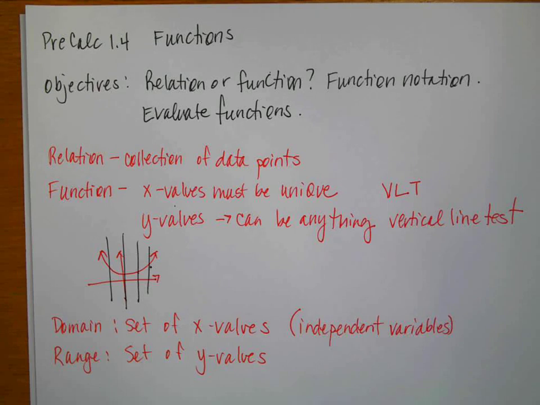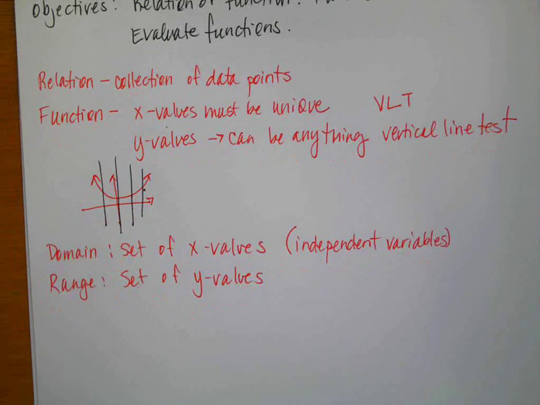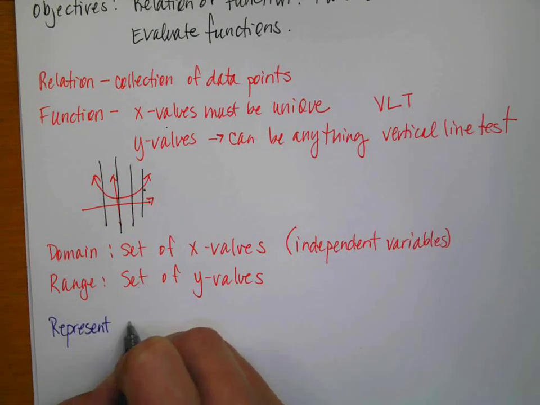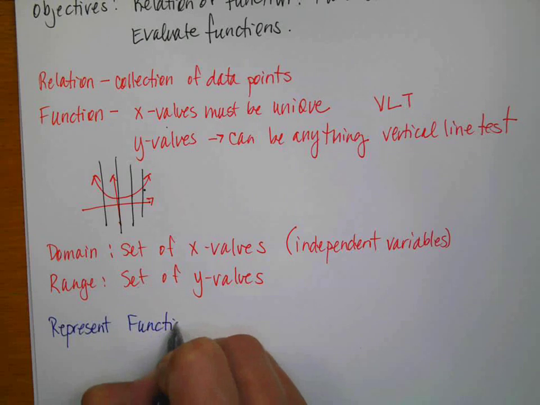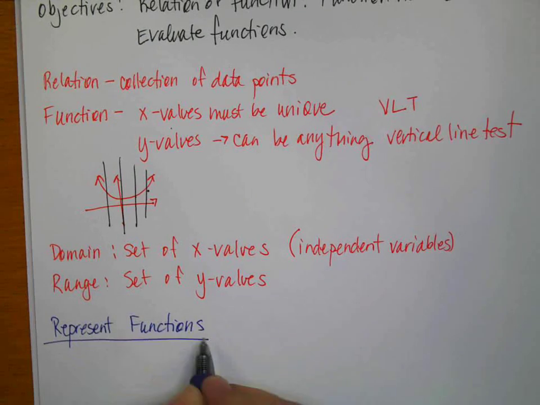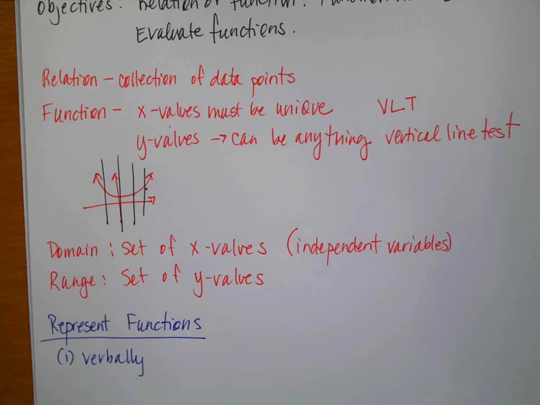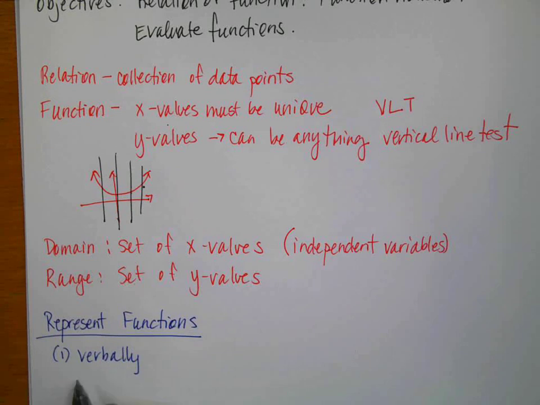Alrighty. There are several different ways that we can represent functions. If we want to represent functions, we can do it a variety of different ways. We could talk about a function verbally. We don't often do that, but it is something that we could do.